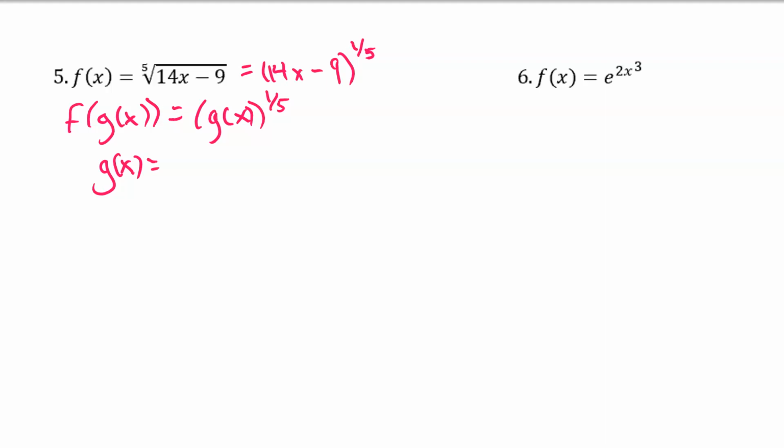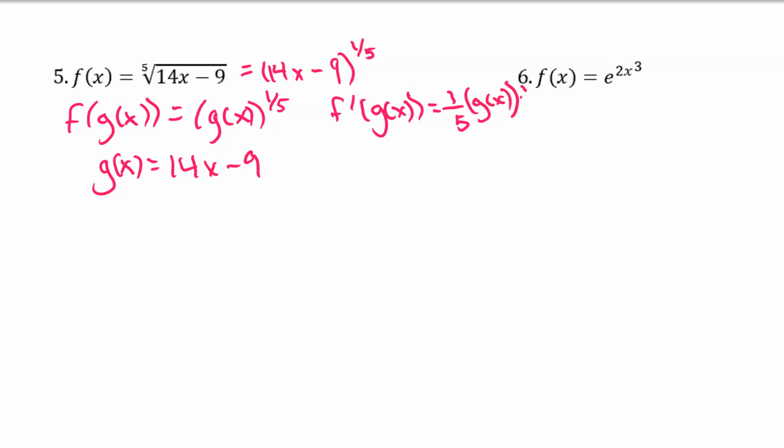And our inside function, the first thing happening to x is 14x minus 9. The derivative of the outside with the inside staying the same is we take down our exponent and we make it one smaller.